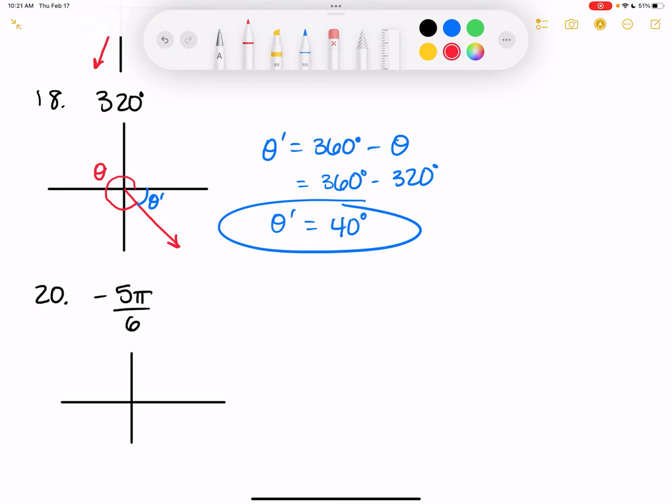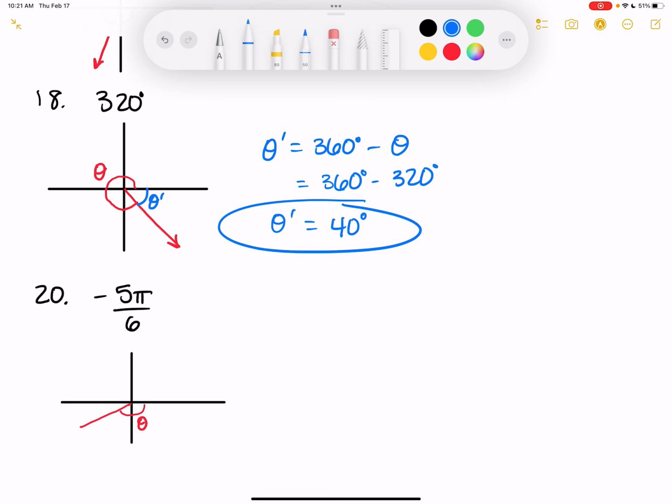So this one's negative, so which direction am I going? Down. Okay, so 1 pi over 6, 2 pi over 6, 3 pi over 6, 4 pi over 6, 5 pi over 6. Okay, I'm going to try to round this off a little bit better now. But somewhere over here. So this is theta, but it's negative, so I'm going to have to use the other one.